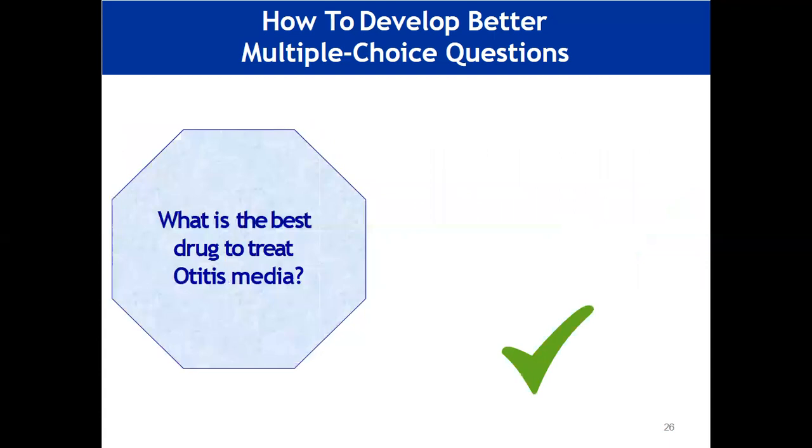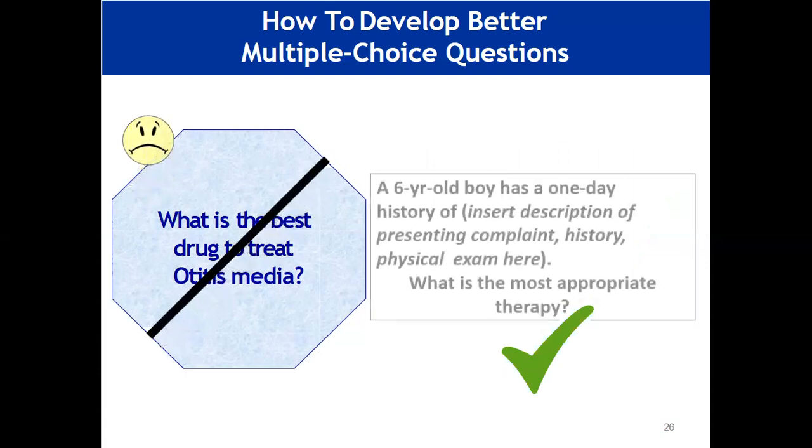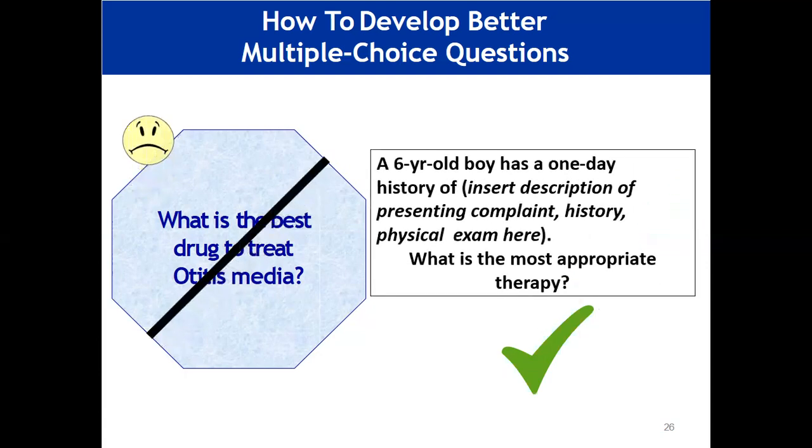There's another question, which is, what is the best drug to treat otitis media? That question seems to be best as an essay type question, but as we are writing a multiple choice question, the question should be in this format: a 6-year-old boy has a 1 day history of, again same as we discussed previously.